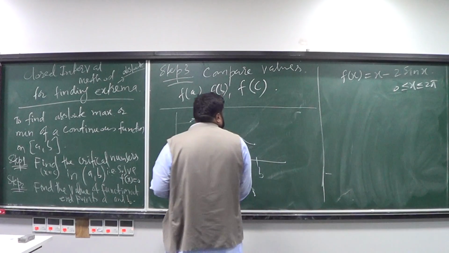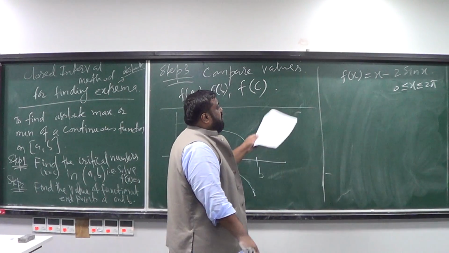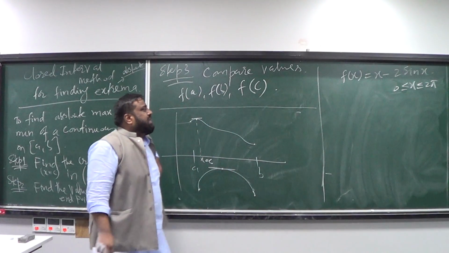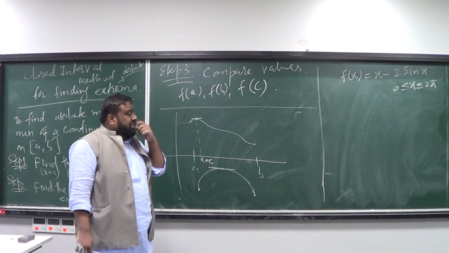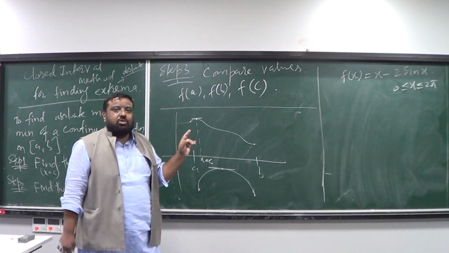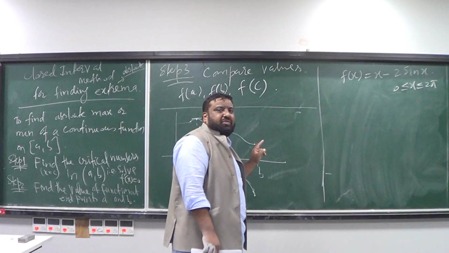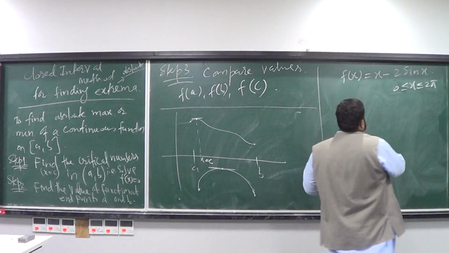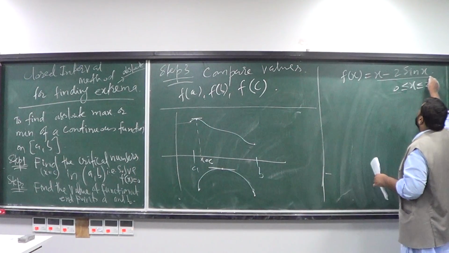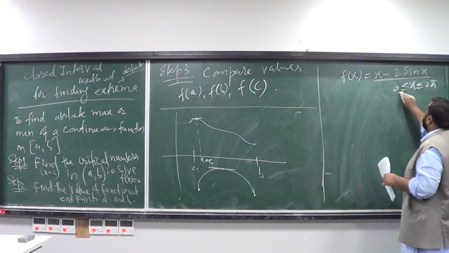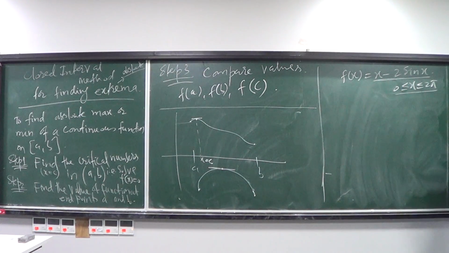Alright? And what is our task? Our task is to find the absolute maximum and absolute minimum of this function. First of all, is there an absolute maximum and is there absolute minimum of this function? The answer is yes. Because this is a function that is continuous and it is defined on a closed interval.